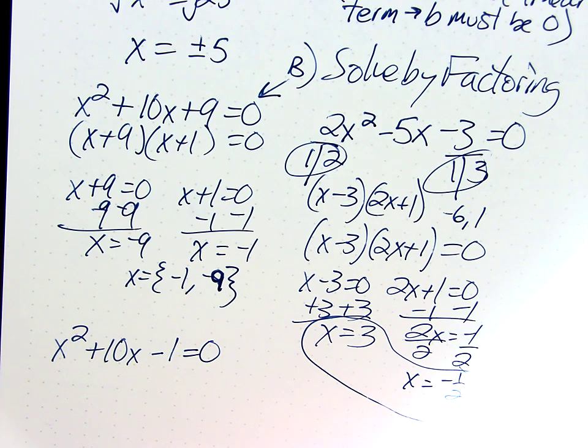All right. I can try and factor. A is 1, so I just need factors of negative 1 that add to 10. Well, that doesn't exist. So what do you do now? If I can't solve by square rooting or by factoring, give me another option.